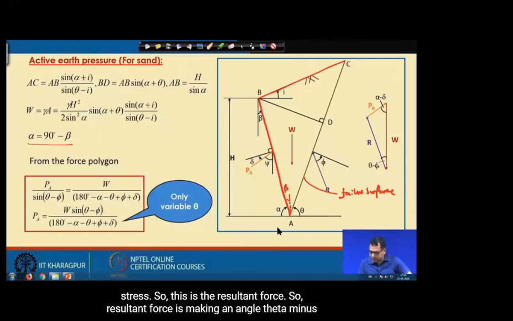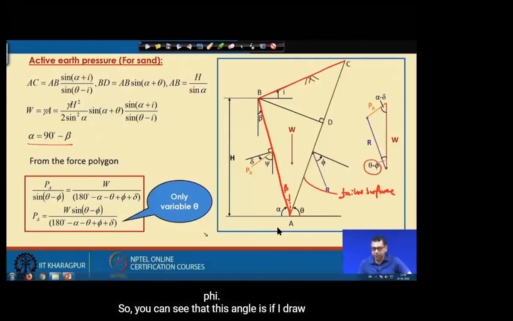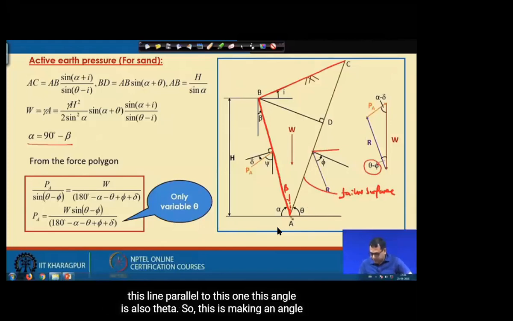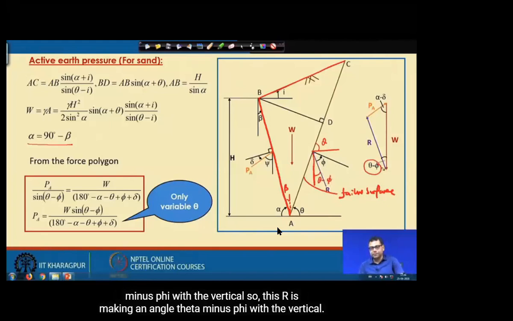The resultant force is making an angle theta minus phi. If I draw this line parallel to this one, this angle is also theta. So this R is making an angle theta minus phi with the vertical.